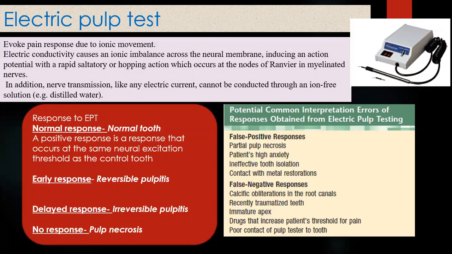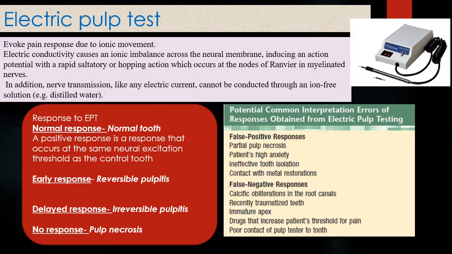A false positive can also occur if the isolation is not proper or if there are metal restorations. Sometimes you also get a false negative response. How? Even though pulpitis is present, we think that the pulp has undergone necrosis. So which are the specific cases we have? We have the immature pulp, where the plexus of Raschkow in children is not developed.